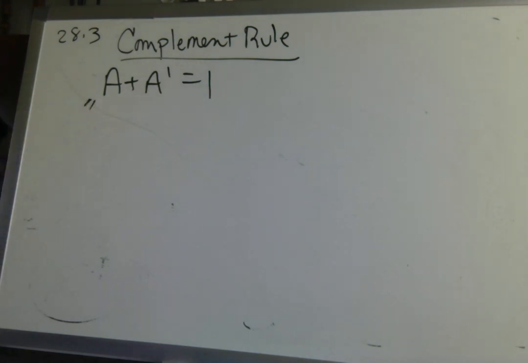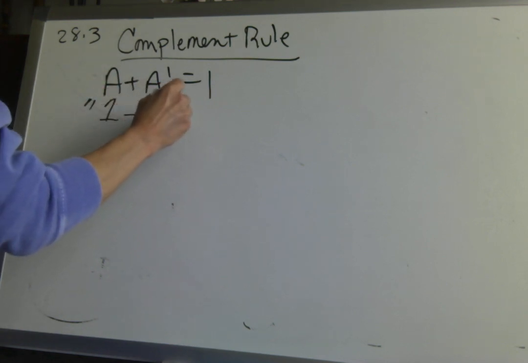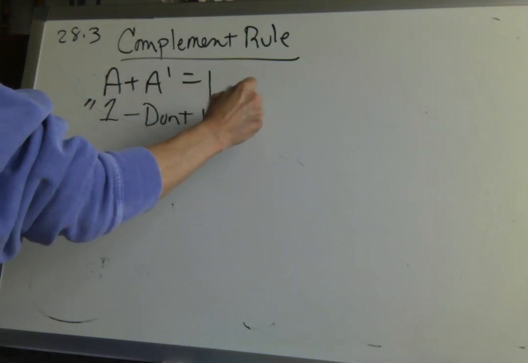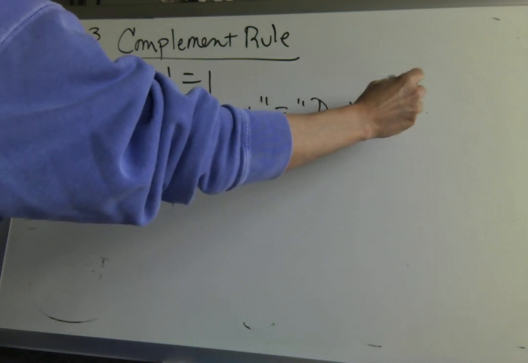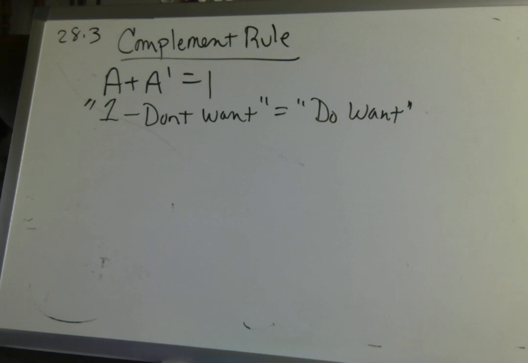I can tell you, when we get to our word problems, the language you're going to hear me use for how to apply this: one minus what I don't want equals what I do want. And that 1 is coming from that unit whole.